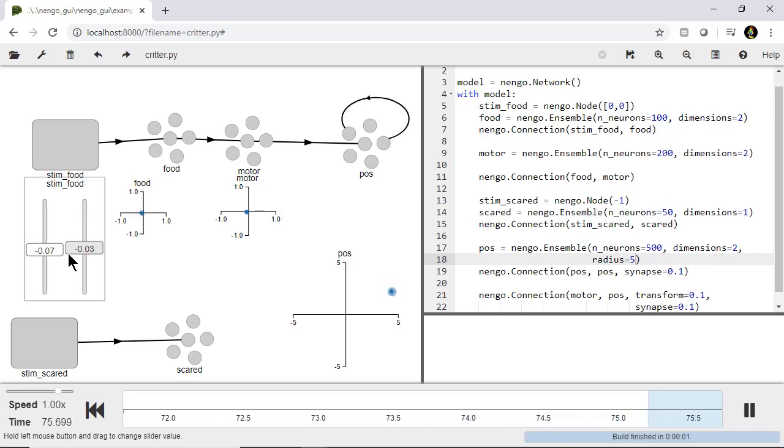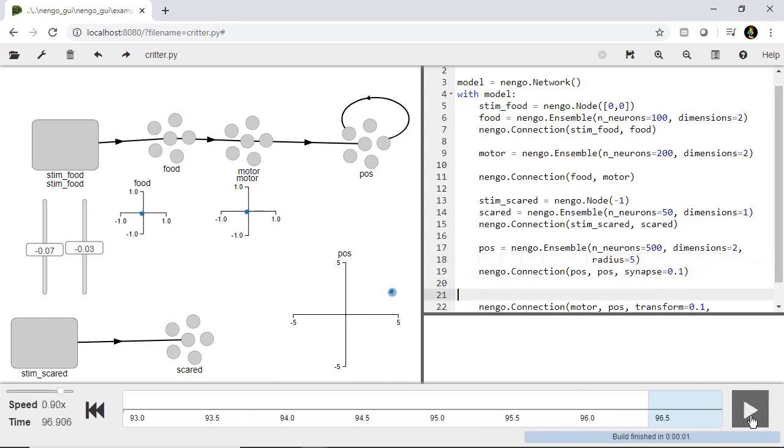All right, so we can represent a position. There is a reason that we don't just set the radius to 10,000 and say, okay, you can represent all the space you want, because as we increase that radius, the accuracy drops. Let's show that.